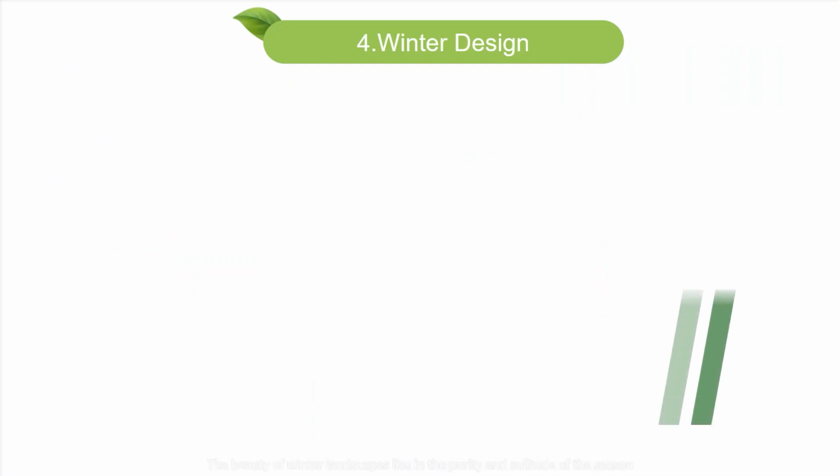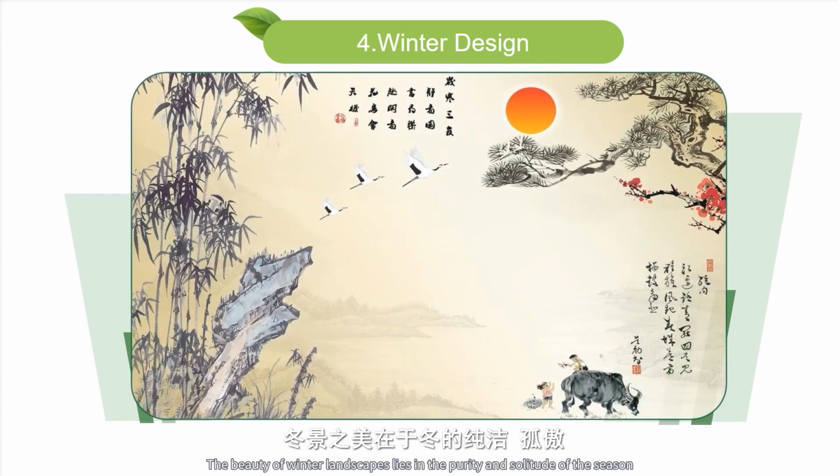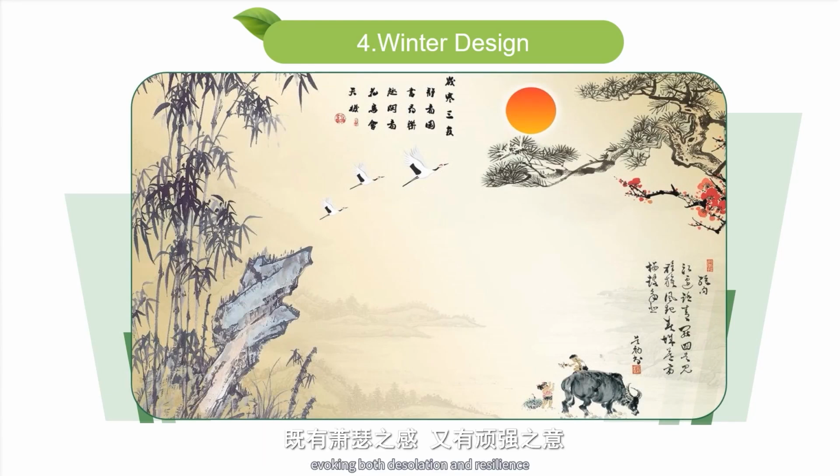Winter design. The beauty of winter landscapes lies in the purity and solitude of the season. To embody this essence, select plants that resonate with these qualities, evoking both desolation and resilience. Traditional combinations like pine, bamboo, and plum perfectly express winter's spirit.